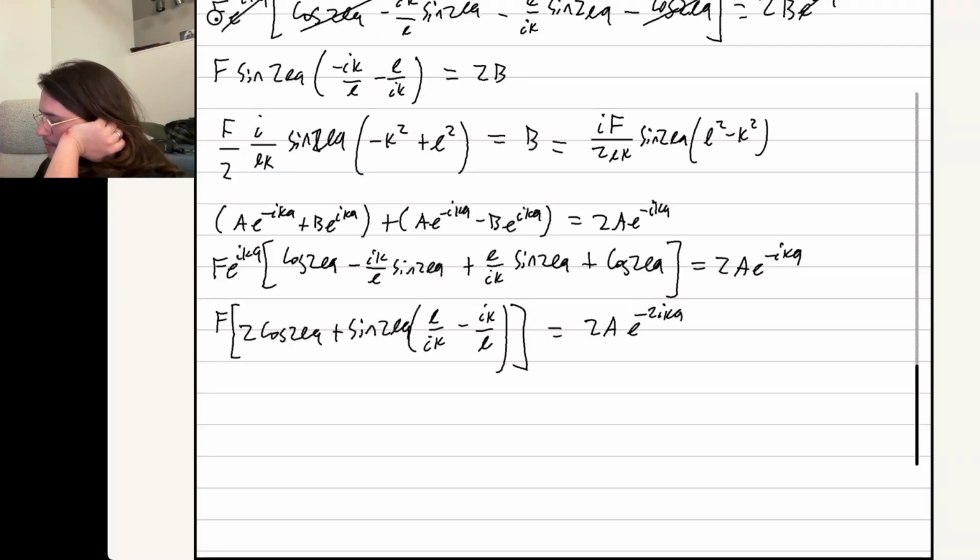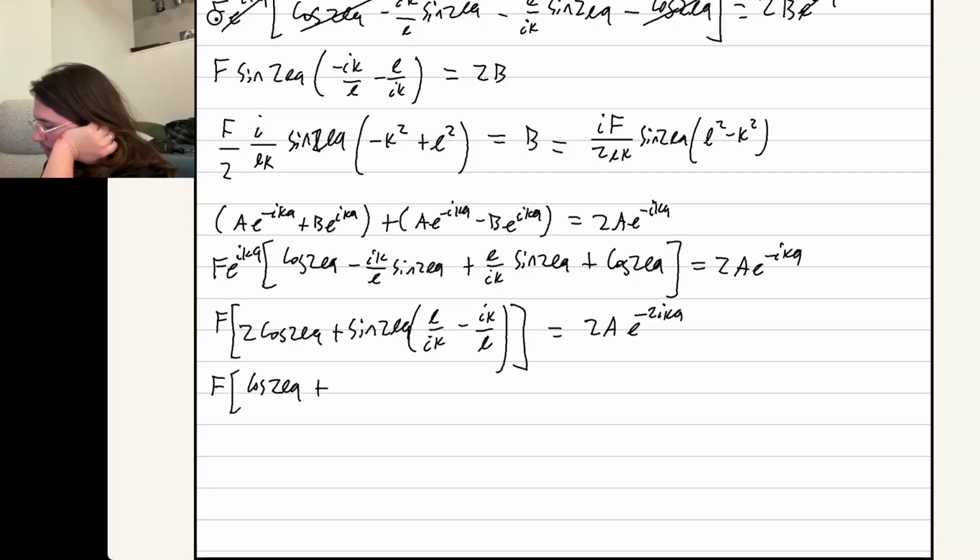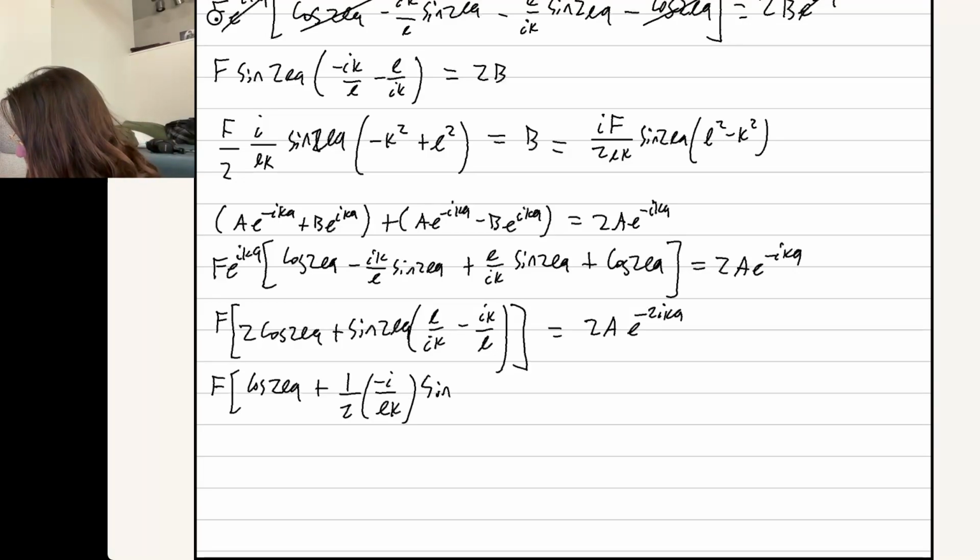We'll divide both sides by 2 actually, so we have cosine 2la. So this is going to be divided by 2. Let's also factor out a minus i over l, okay? And with that, you get a term which looks like l squared plus k squared.